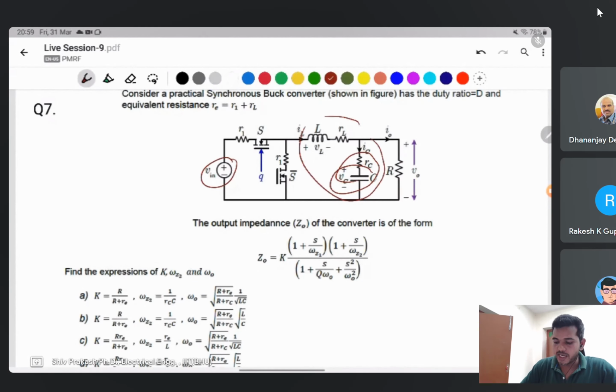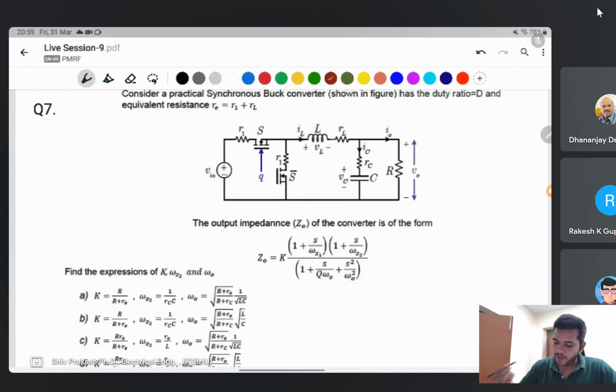And once you design the inductor and capacitor, you can't change them. You only change the duty ratio of the switches of any converter. By changing the duty ratio, you can control the output voltage. To control this, you should have the plant transfer function or converter transfer function. After that, you can control this.